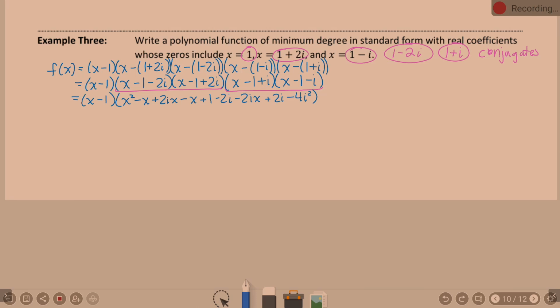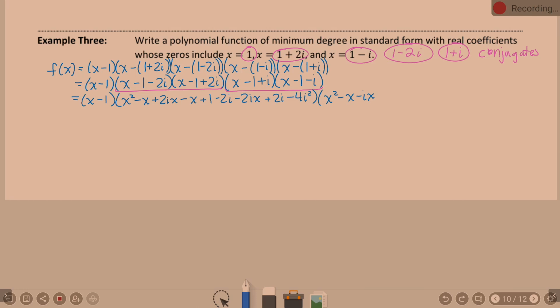Okay. Now, you can clean that up if you want, but I'm going to multiply this next one out also because I don't want to forget about it. Okay. So now, in my other one, I'm going to start with my distributing. So now in the x minus 1 plus i times x minus 1 minus i, I'm going to start by distributing x. x squared minus 1x minus ix.